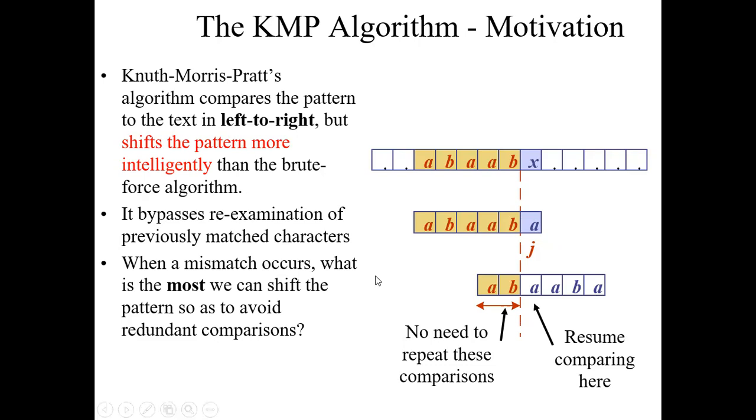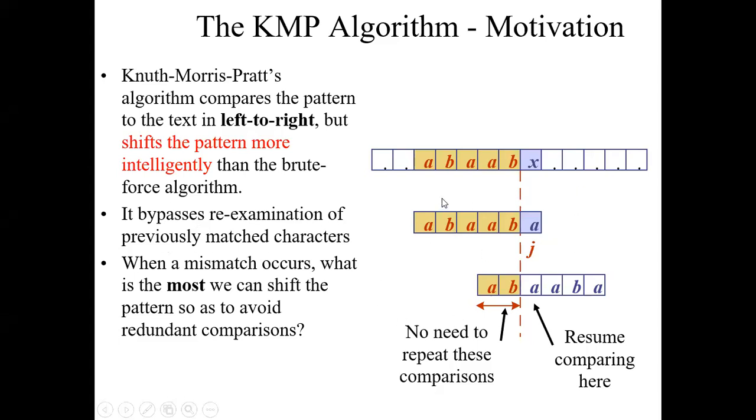So KMP algorithm compares a pattern. A difference from Moore is it is comparing from left to right, but it is shifting the pattern more intelligently, definitely with as compared to brute force. It bypasses re-examination of previously matched characters.